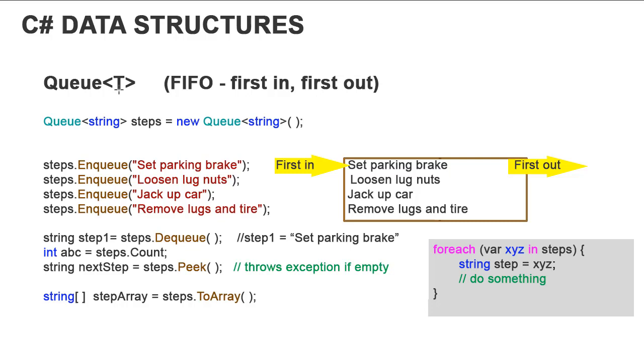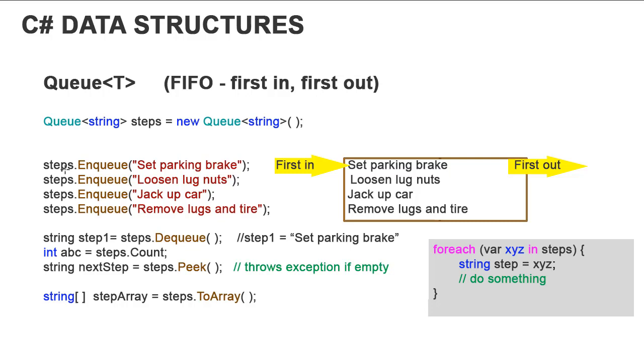A queue is another type of generic, and it's a first in, first out list, specifying the data type inside angle brackets for queue. I'm going to name this one steps equals new queue string as our data type, and the parentheses to call the constructor. And this creates an empty queue, and then we can add items to that queue by using enqueue rather than add.